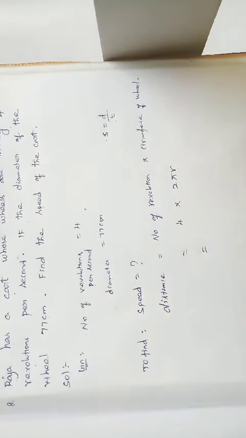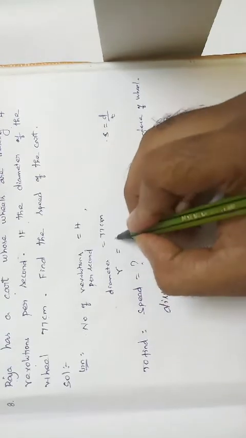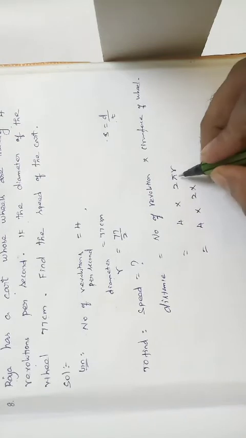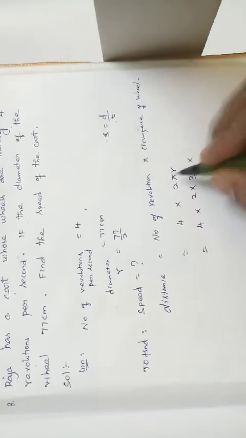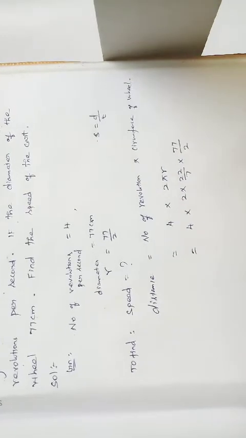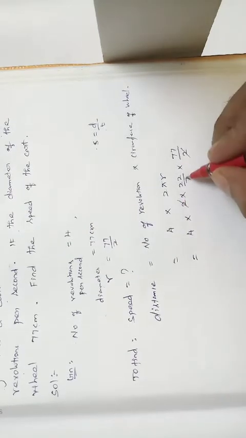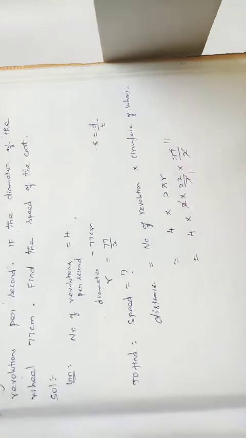I'm just converting this diameter to radius. So 77 divided by 2. So 4 into 2 into pi, which is 22 by 7, into the radius, 77 divided by 2. Simplify. The 2 will get cancelled. 7 times 11 is 77, so 7 cancels, and nothing else is there to simplify.